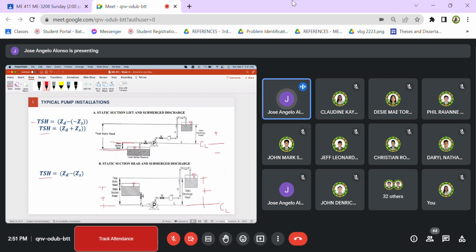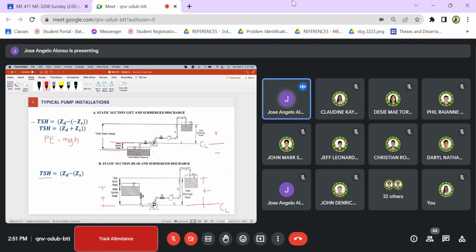Please understand that our elevation is related to what we call the potential energy. So potential energy, ang equation niya is mass multiplied by gravity multiplied by the height.